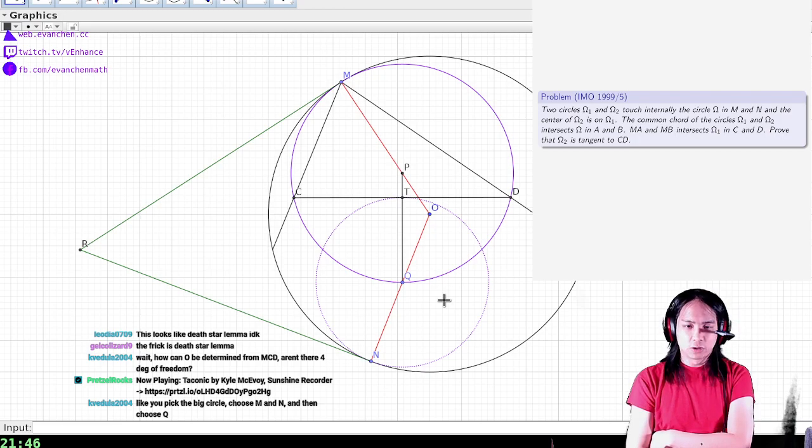If you pick a big circle, pick MN, and then pick Q. Right, but picking the circle is... There's a rotation degree of freedom you're dropping.